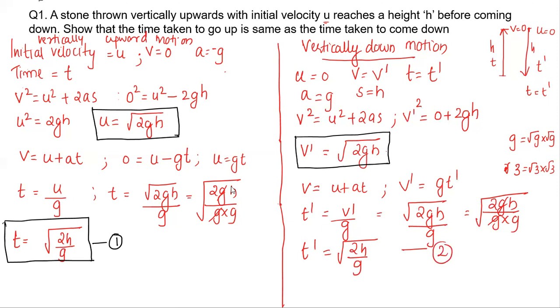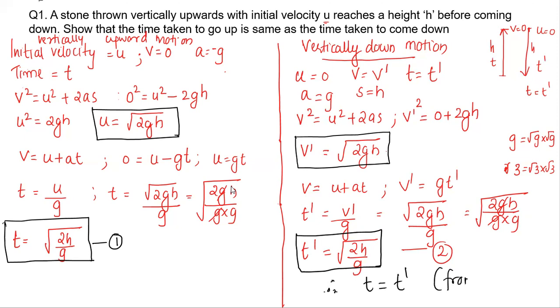Now, look at equation number 1 and 2, or compare equation number 1 and 2. t we got under root 2h upon g. t dash also we got under root 2h upon g. That means their RHS are equal. So LHS is also equal. Therefore, t is equal to t dash.